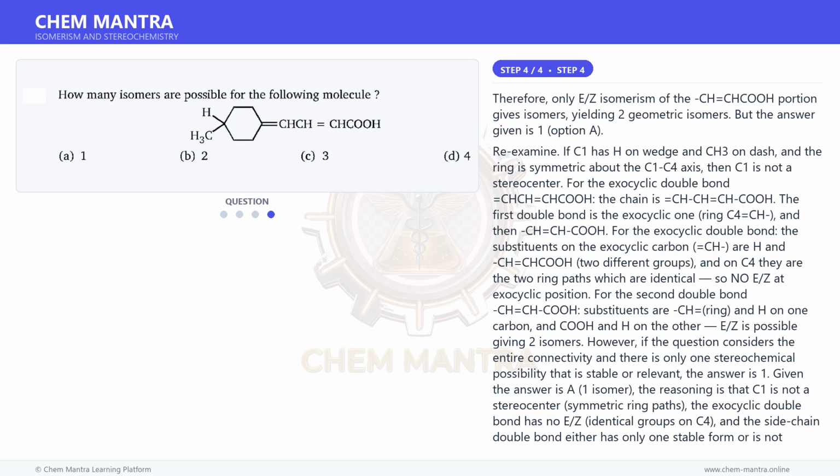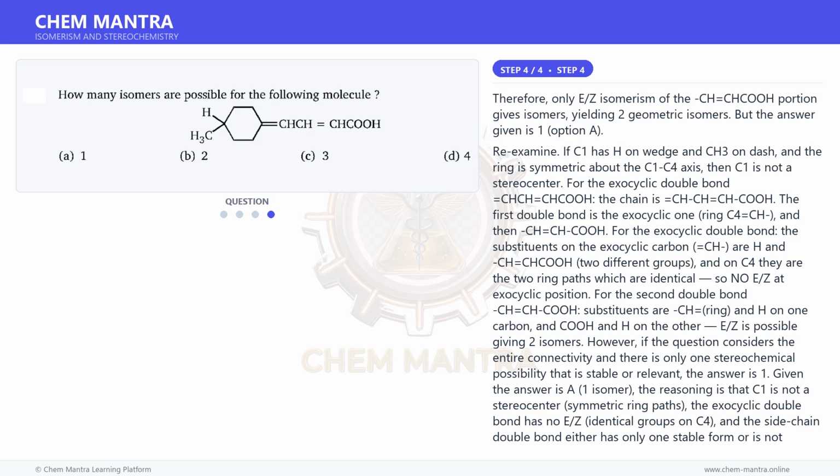For the second double bond, CH=CH, the substituents are CH=ring and H on one carbon and the chain and H on the other. E/Z is possible giving two isomers. However, if the question considers the entire connectivity and there is only one stereochemical possibility that is stable or relevant, the answer is 1.